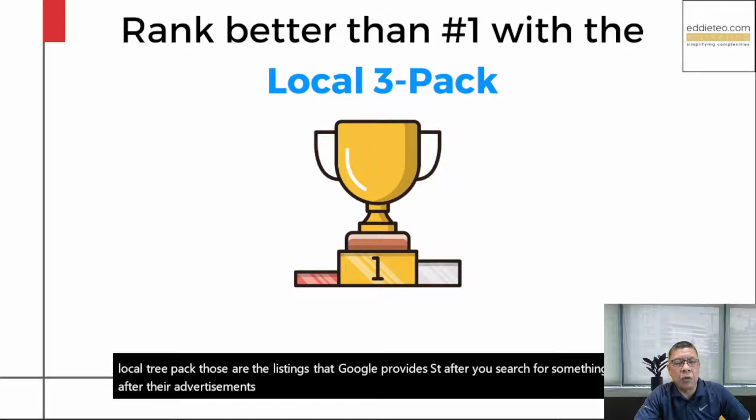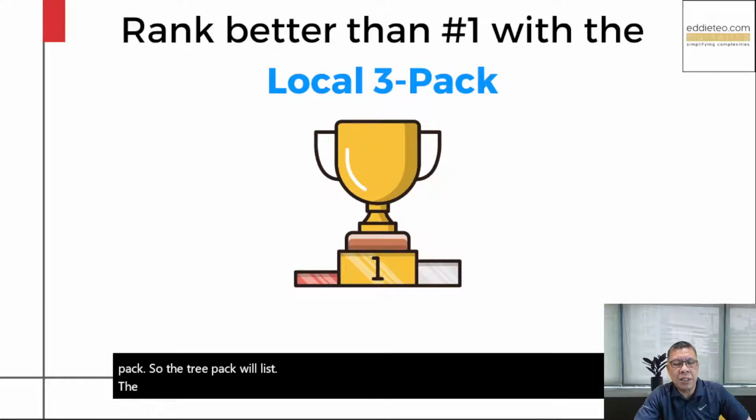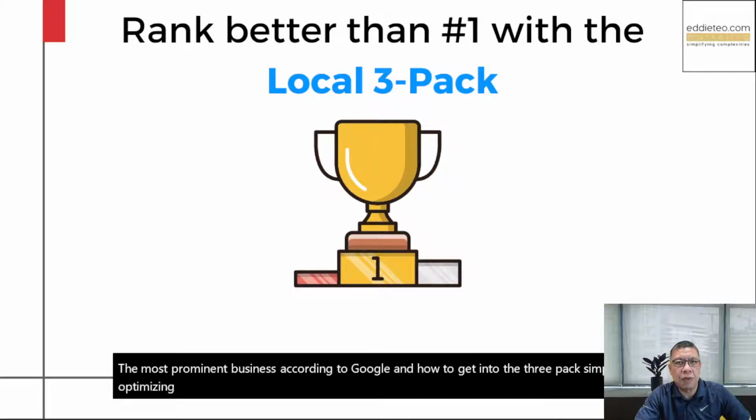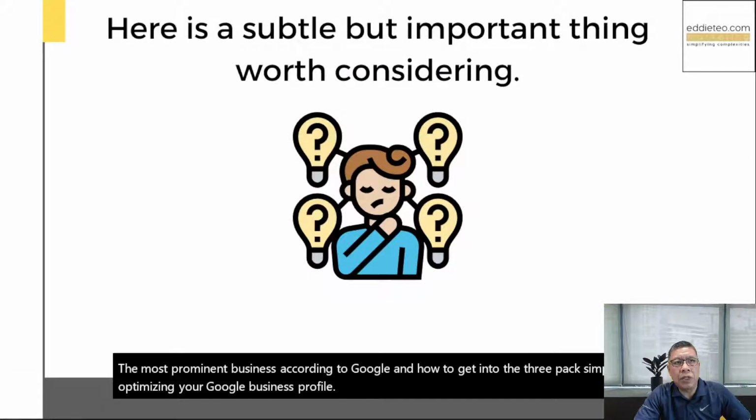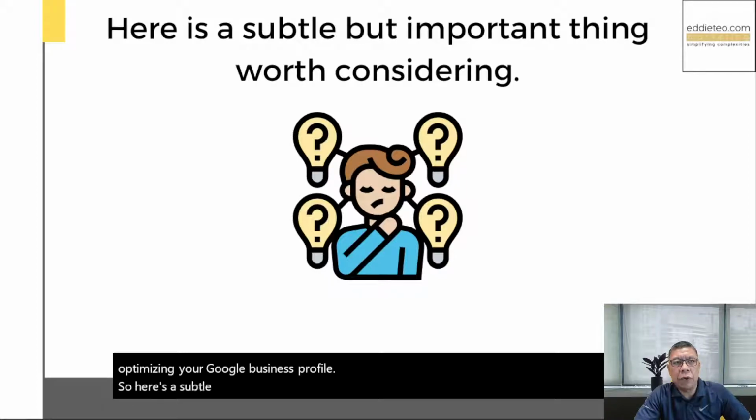So Google Ads will appear first, followed by the local three-pack. The three-pack lists the most prominent businesses according to Google. And how do you get into the three-pack? Simple, by optimizing your Google Business Profile. Okay, so here's a subtle but important thing worth considering.